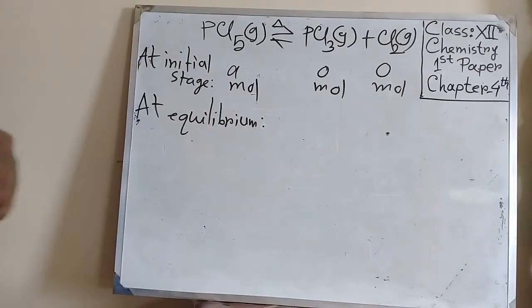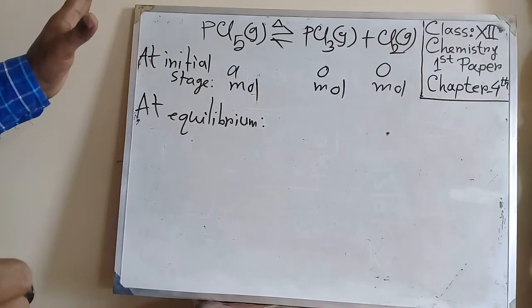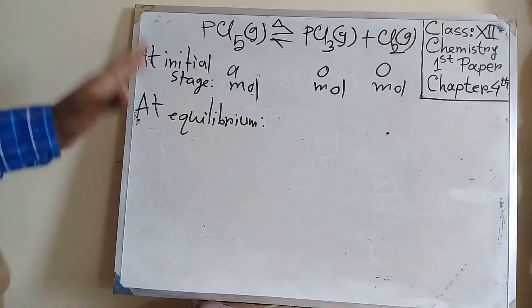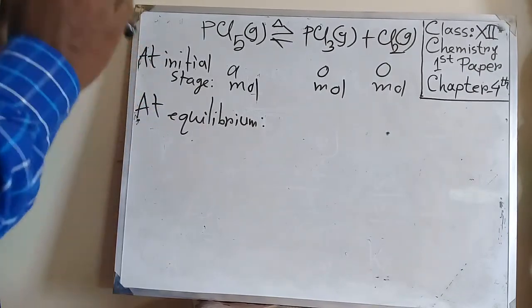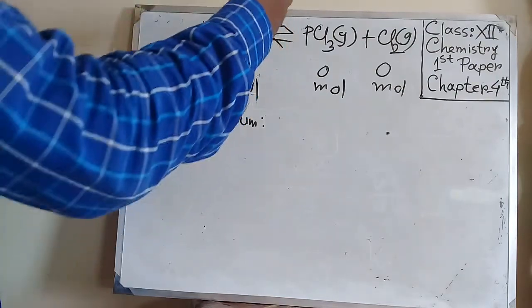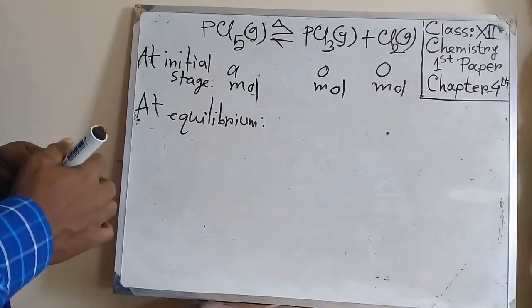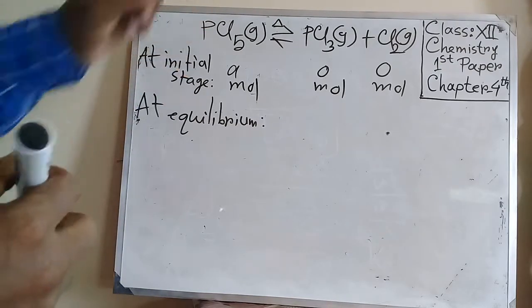That's why at equilibrium, the forward reaction rate and backward reaction rate are both equal, both are the same. That's why equilibrium is established. So at equilibrium, alpha mole of phosphorus pentachloride has been converted into phosphorus trichloride and chlorine. So what will be the left mole of phosphorus pentachloride?